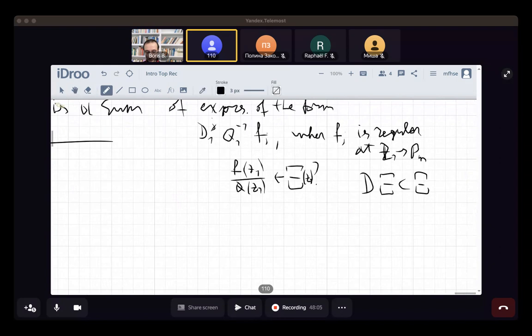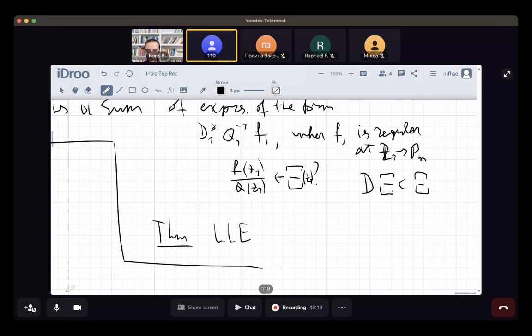Here we conclude. Let me write it over here. Theorem: L is satisfied.